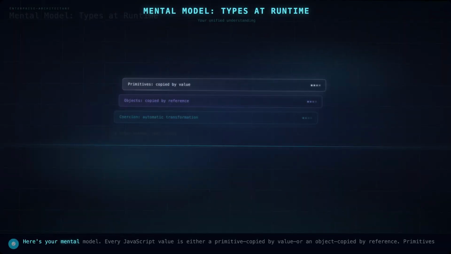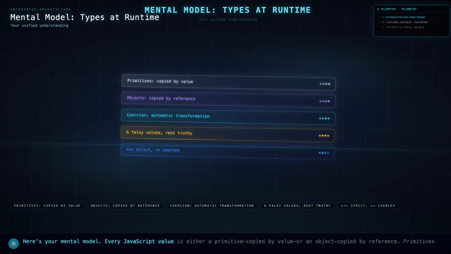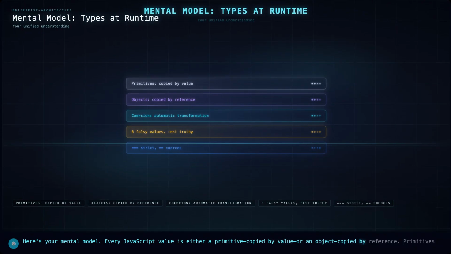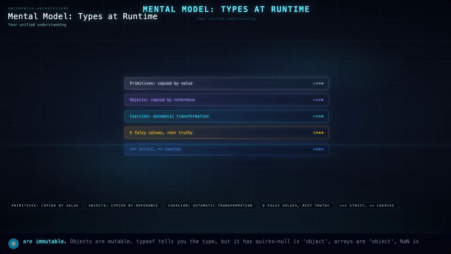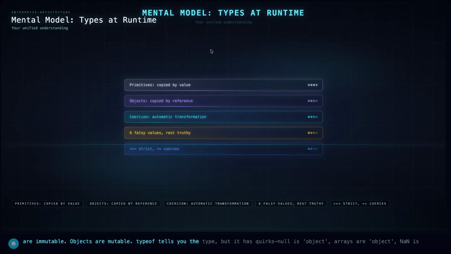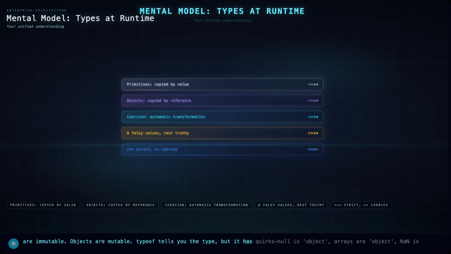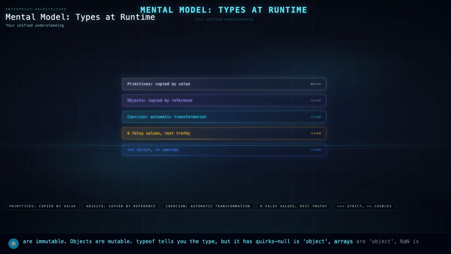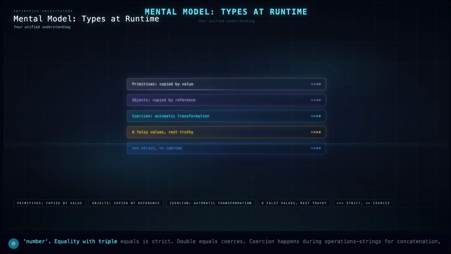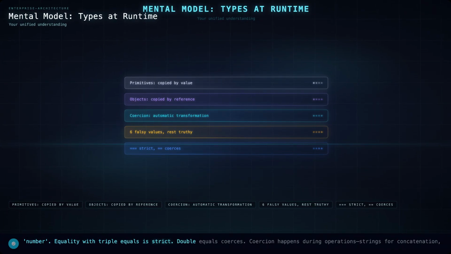Here's your mental model. Every JavaScript value is either a primitive, copied by value, or an object, copied by reference. Primitives are immutable. Objects are mutable. Typeof tells you the type, but it has quirks. Null is object, arrays are object, NaN is number. Equality with triple equals is strict. Double equals coerces.